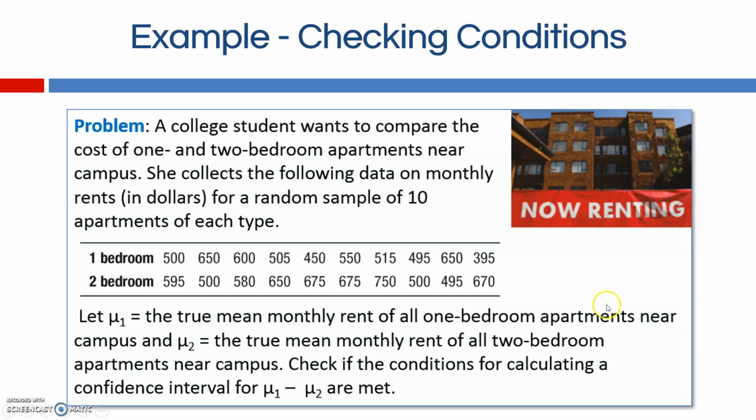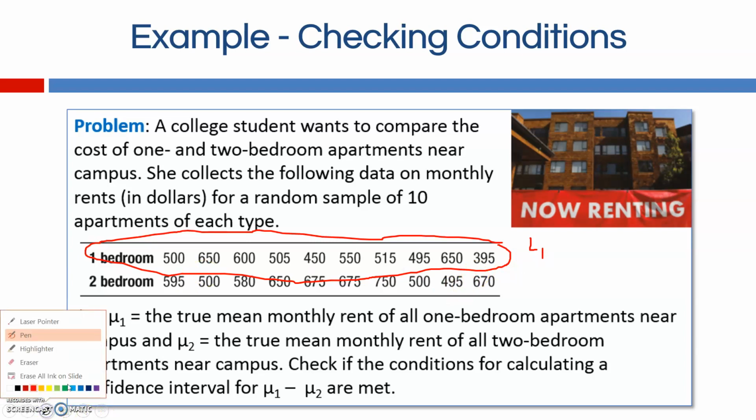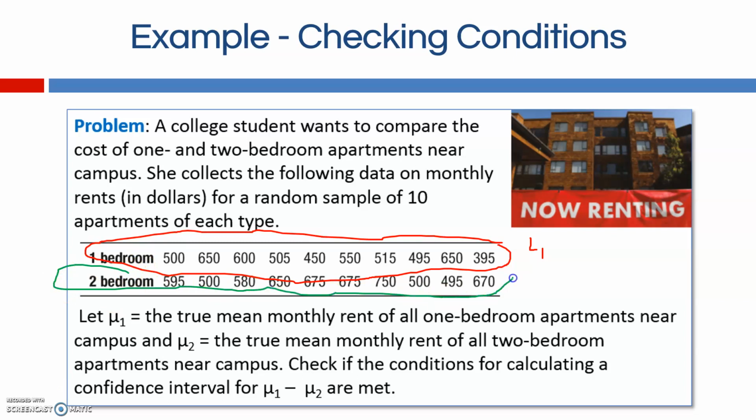And the reason is because I want you to make two lists of data, and I want you to take all the data in this portion here and put that in your L1 on your TI. And then I also want you to take all the data here, the 2-bedroom data.